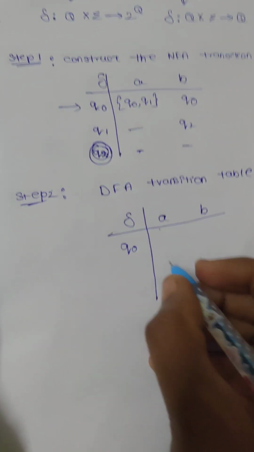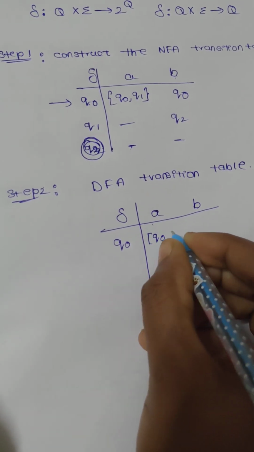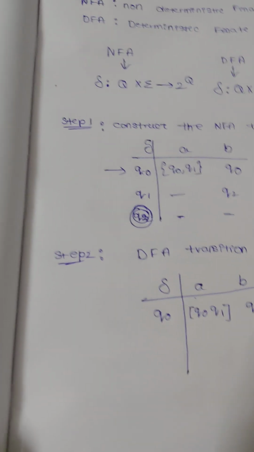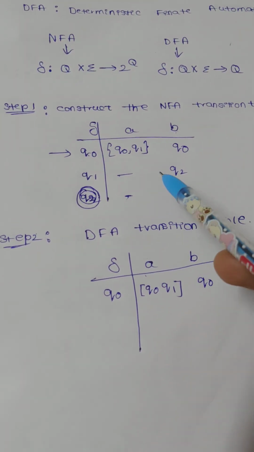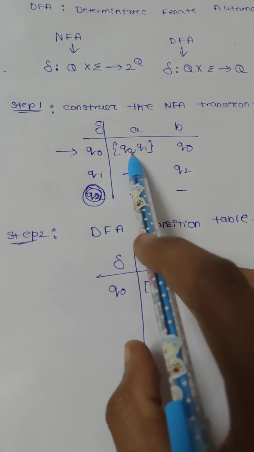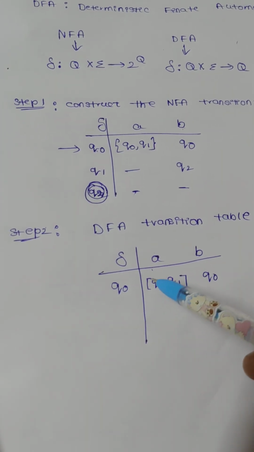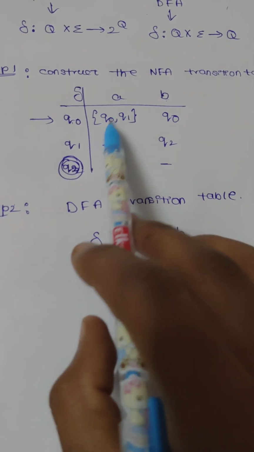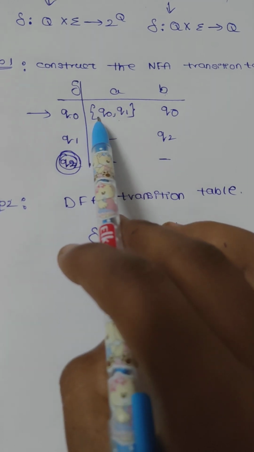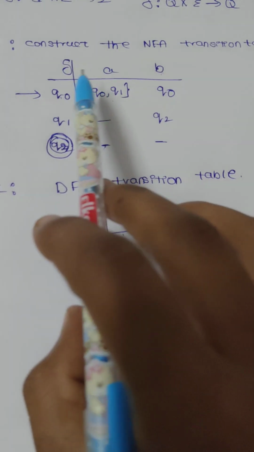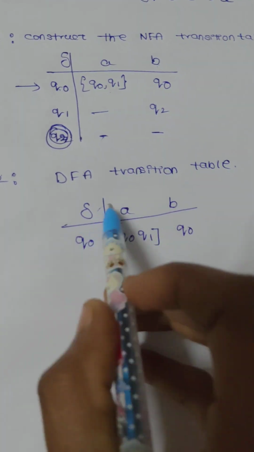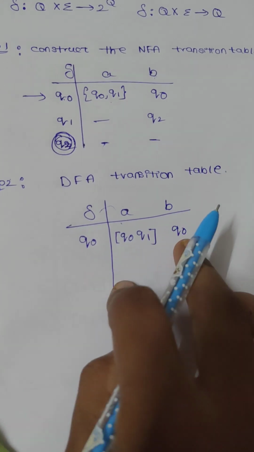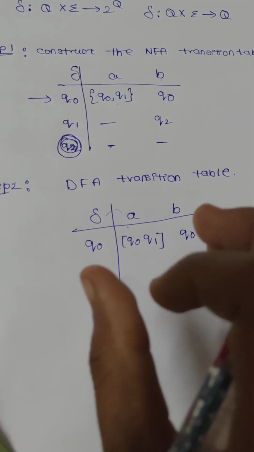Q0 on A goes to Q0 Q1, Q0 on B goes to Q0. Here we observe that in the NFA transition table we write curly braces and Q0 comma Q1, and here a square bracket and there is no comma. The reason is that in the NFA these are separate states: Q0 is a different state and Q1 is a different state. In the DFA transition table, the Q0 state and Q1 state we consider as a single state.